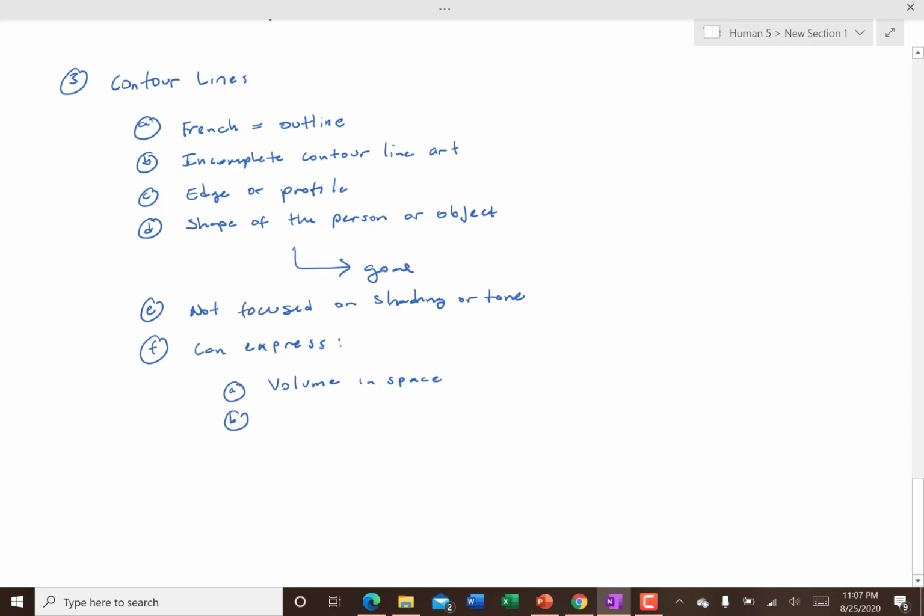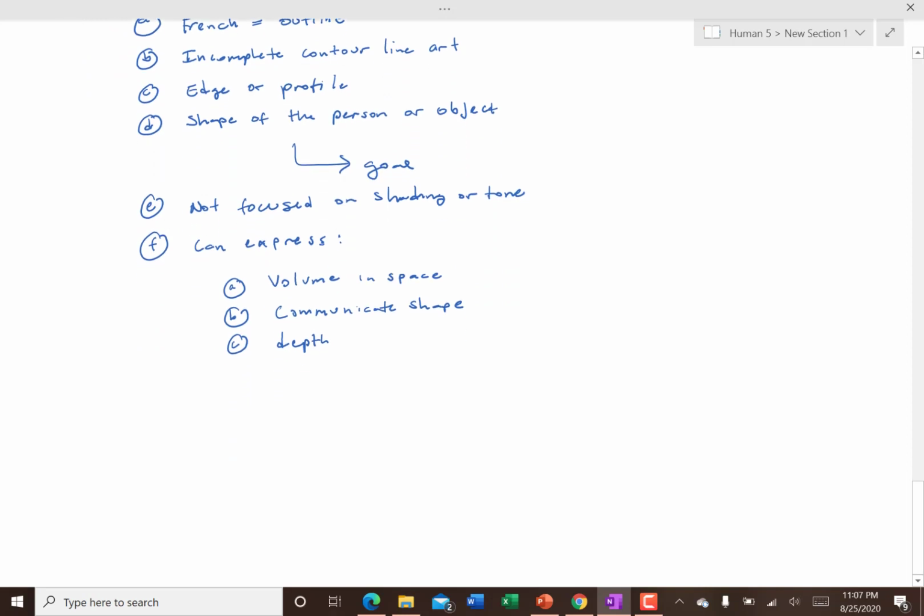It can communicate shape, because with an outline you tend to be drawing that. You can also show some depth. Those are the various aspects of what contour lines can do.